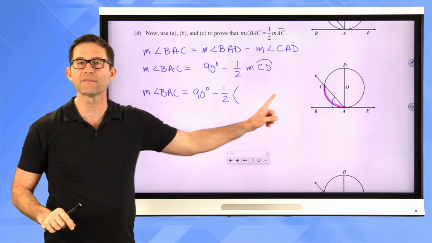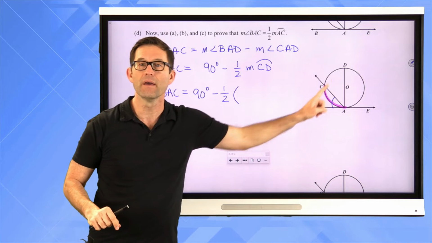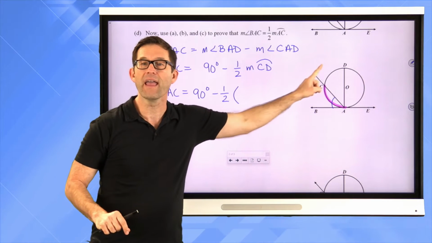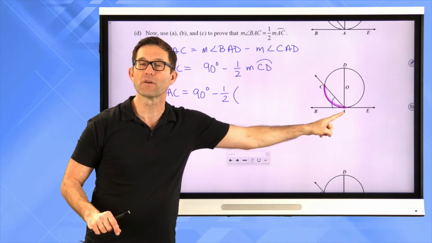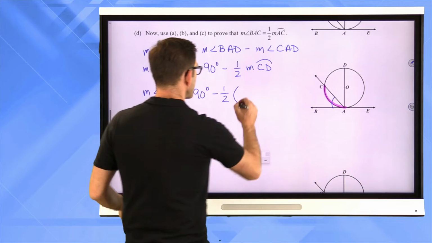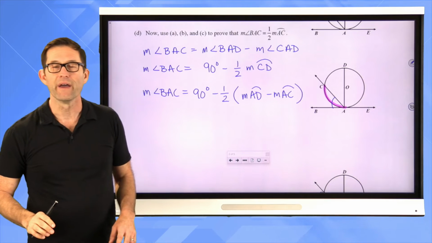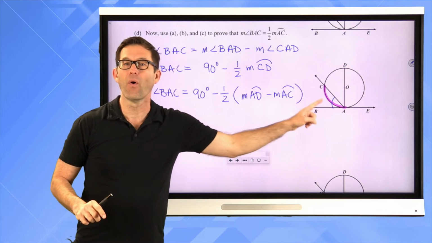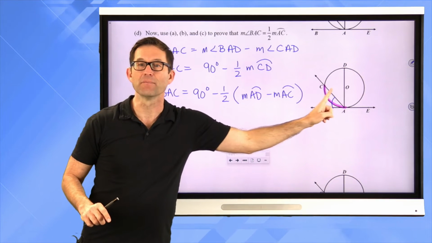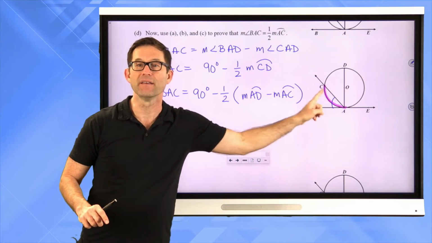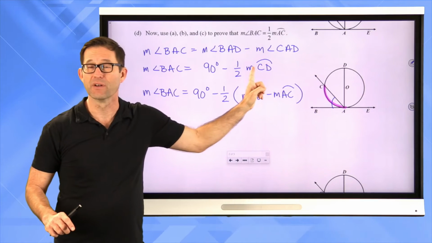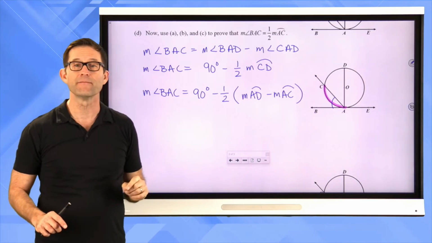You see, I can say that the measure of arc CD is the measure of arc AD minus the measure of arc AC. And again, that's just using the whole as the sum of its parts, right? I'm just taking the whole, which is AD, and subtracting off AC, and that should give me the measure of arc CD.